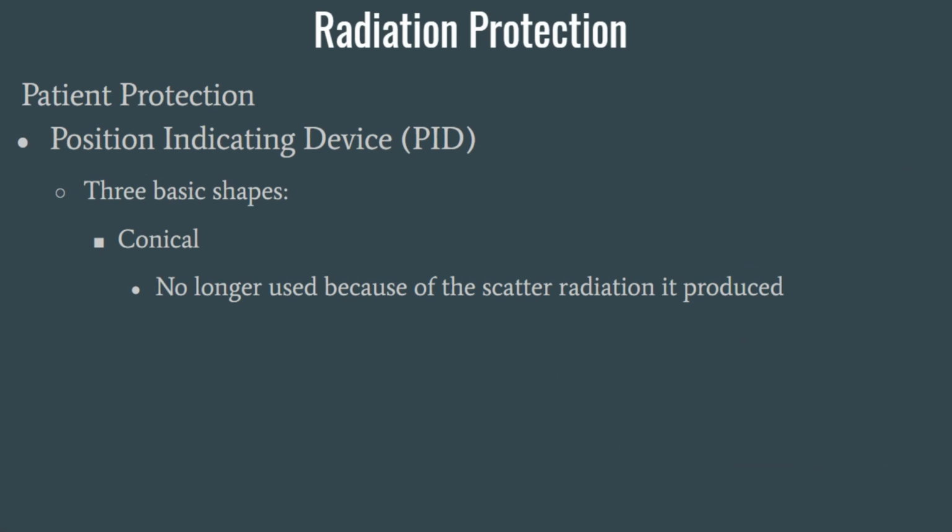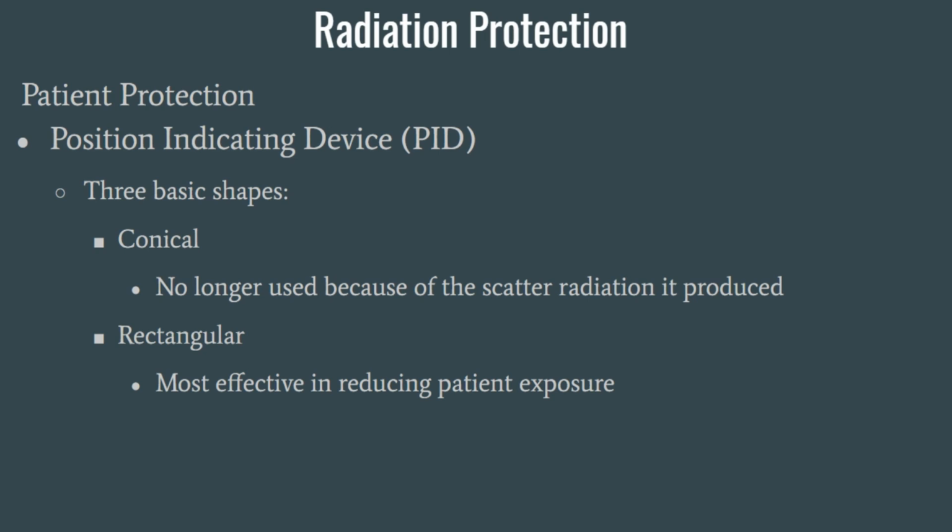Don't get this confused with the general term of cone used for the PID. This is the conical shape. So think of it kind of like a megaphone. You know what the shape of a megaphone looks like, but it's no longer used because of the scatter radiation it produced.